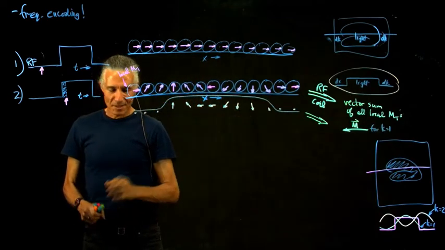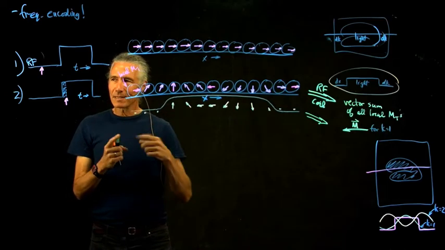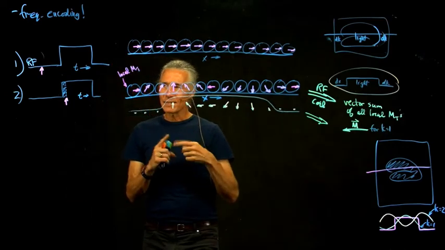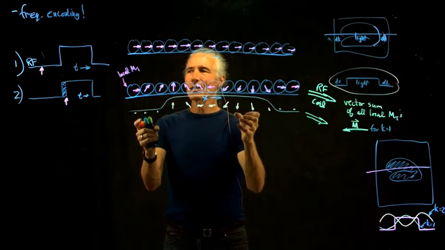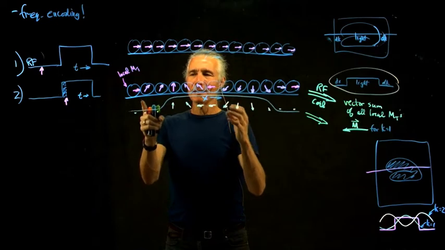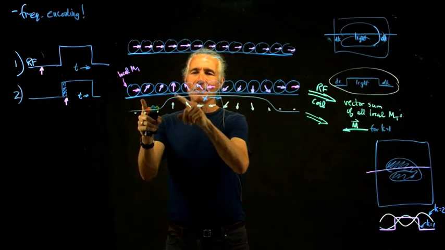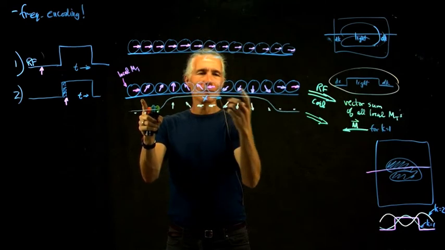Okay, so that's the critical thing: forget about all the frequencies, the precession frequencies. Don't think about the precession frequencies. What you're doing is you're taking a snapshot. Each data point is a snapshot of the transverse magnetization vectors, complex valued vectors, all summed up.